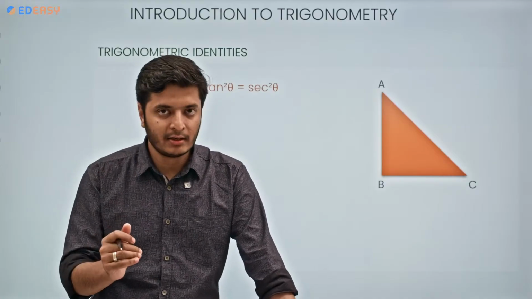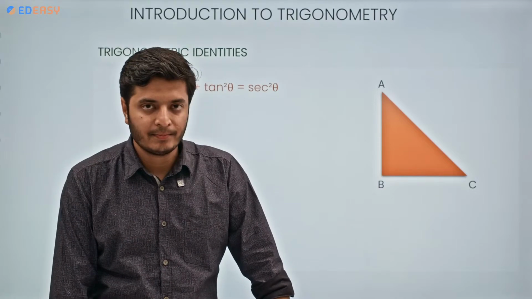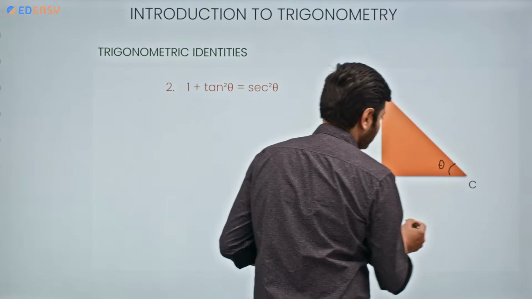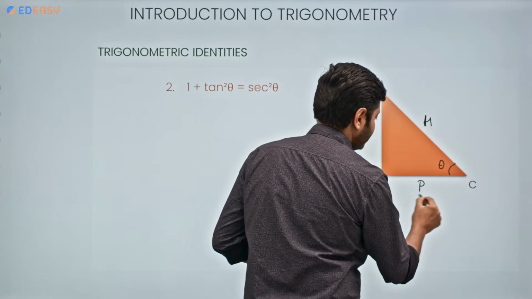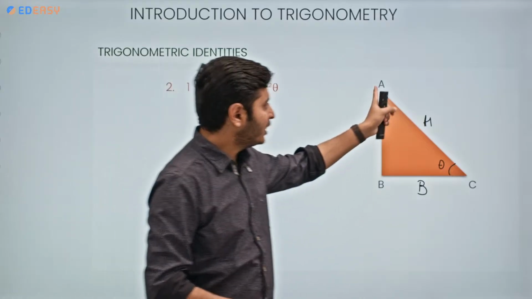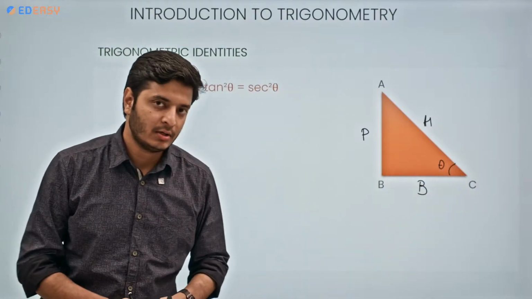Hypotenuse by base, correct? So somehow I need to create hypotenuse by base here. Suppose if this is the angle, that is theta, then this is hypotenuse, this is perpendicular, this is base. So on the right side, I will be having AC by BC somehow, correct?